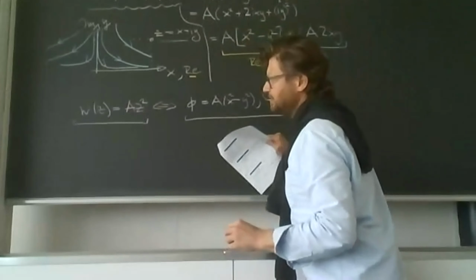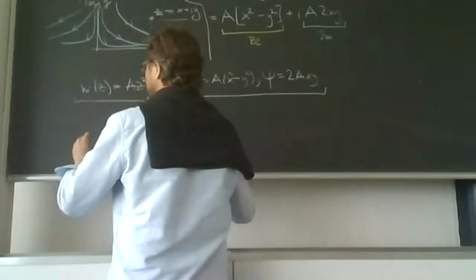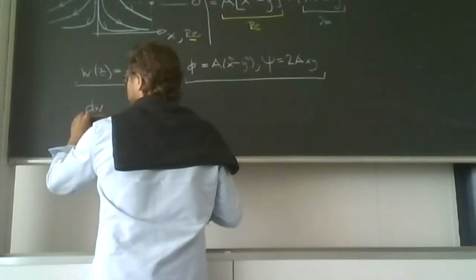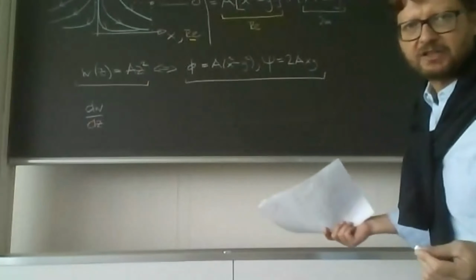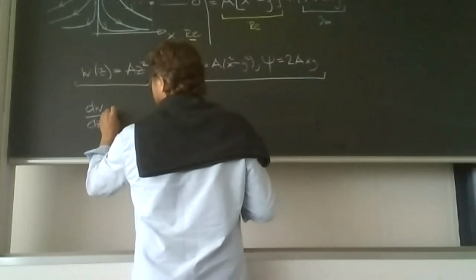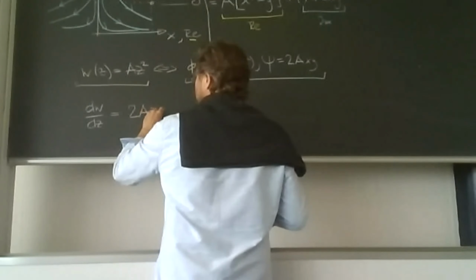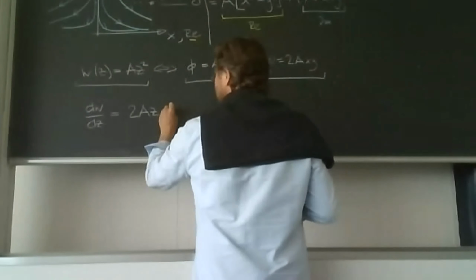And what else do we know? If we have the complex potential, then simply dw/dz, so the derivative with respect to z, which is 2az, right? It's really easy to do, 2az.